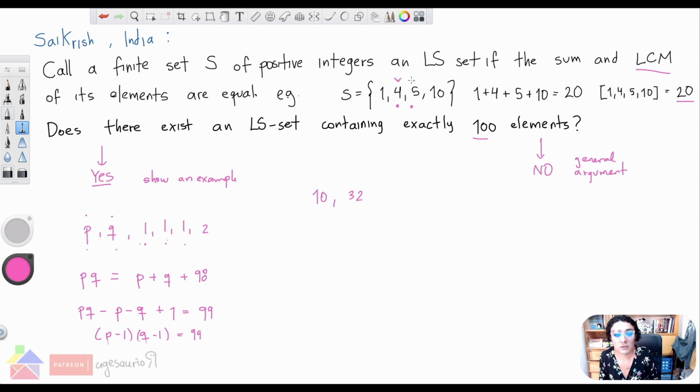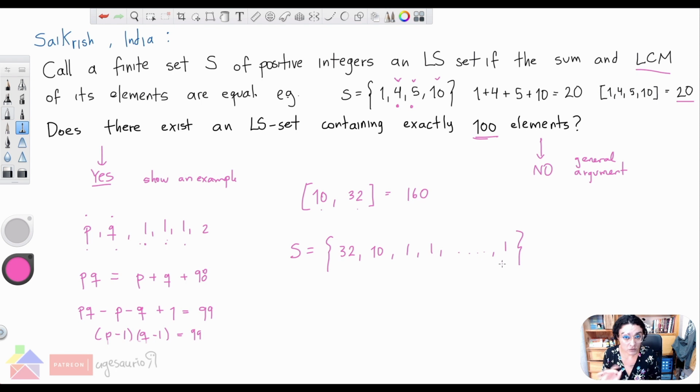Well, a couple of inspiration from here. If these were the only numbers significant to the least common multiple, the least common multiple would be 160. And that's a big enough number because we could do that with 100 elements. So our set S would be 32, 10, and then a bunch of ones, exactly 98 ones.